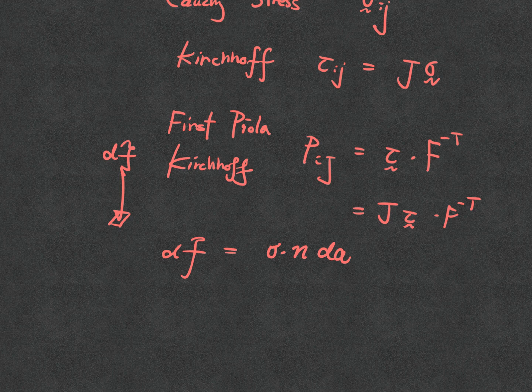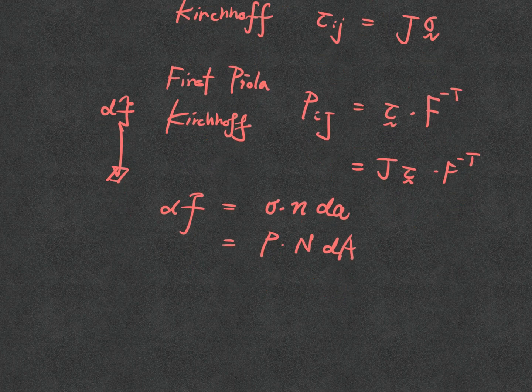Does that make sense? And I want that to equal P times N dA. I want the first Piola-Kirchhoff stress to be defined in a similar manner, with the N in the reference configuration.